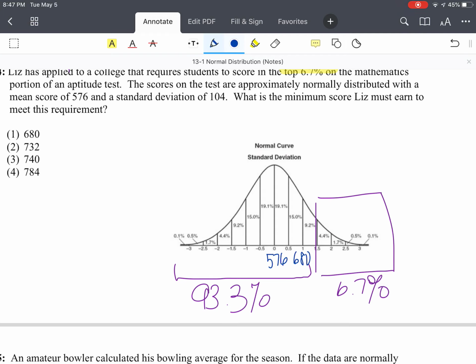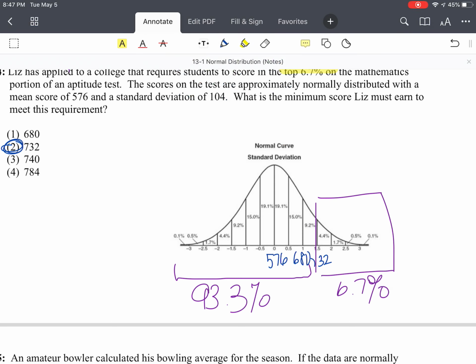If one standard deviation is 104, then what would half a standard deviation be? 52, right? Half of 104 is 52. So I'm at 680. Let's do 680 plus 52, and that's 732. That goes right at the 1.5. 732 is the score she needs to be in the top 6.7%.